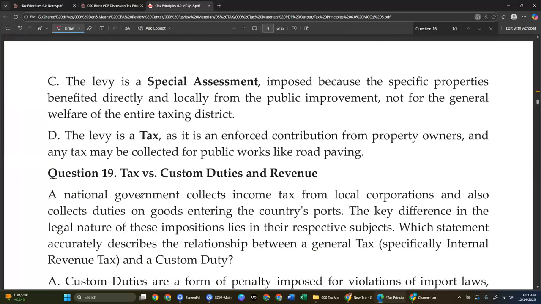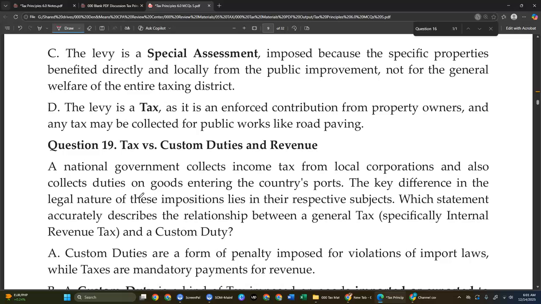Letter C: the levy is a special assessment imposed because specific properties benefited directly and locally.